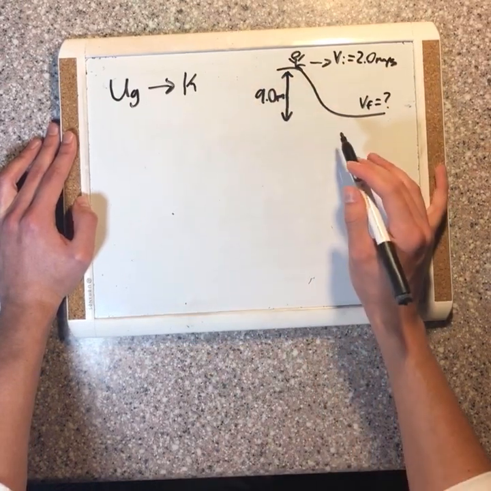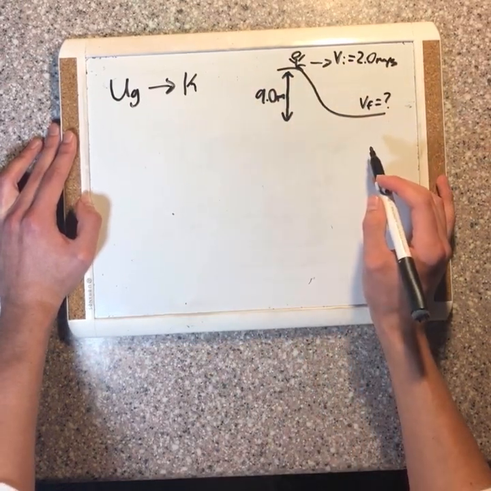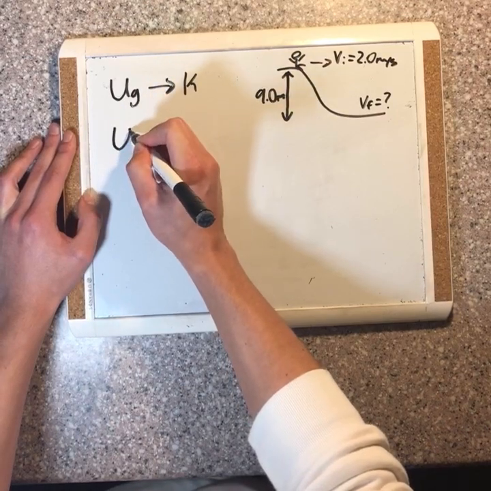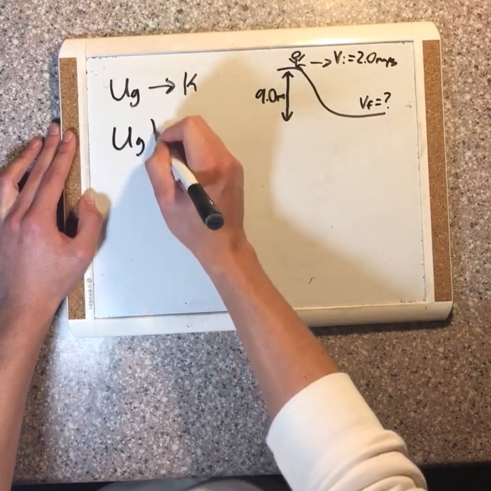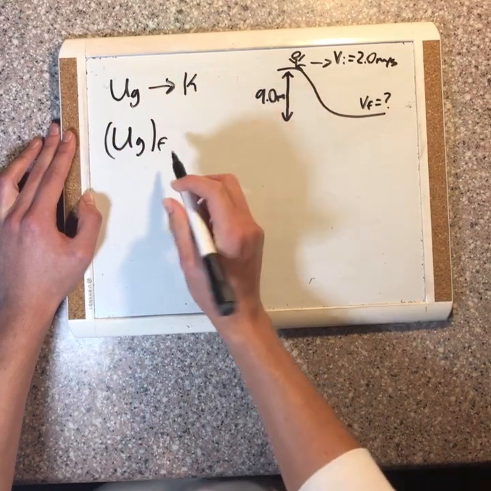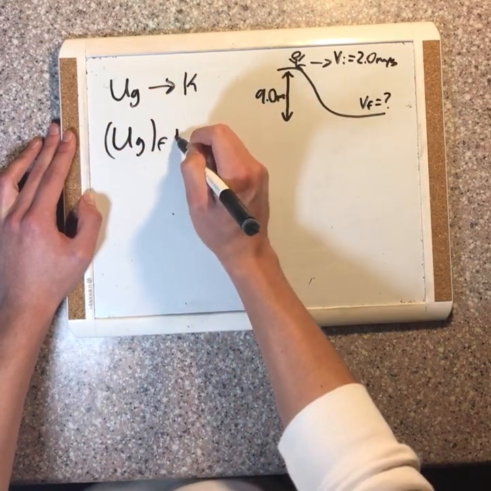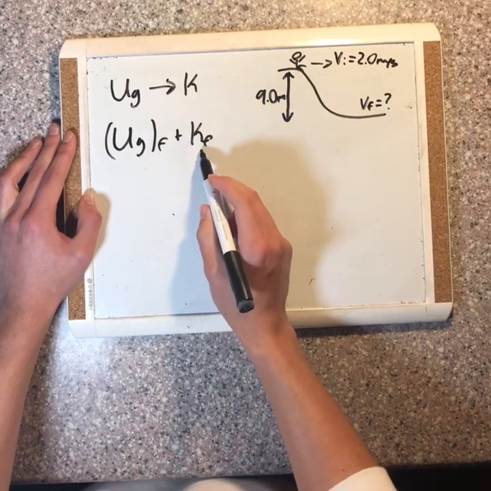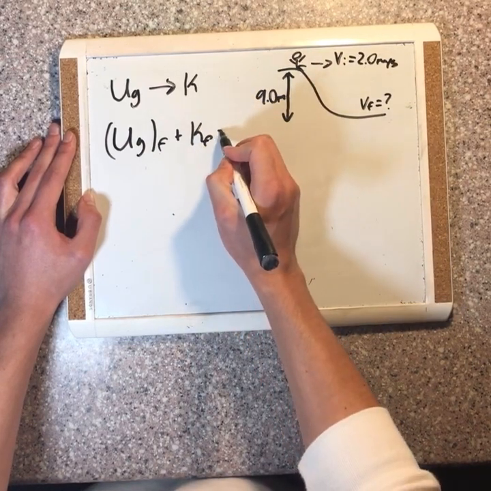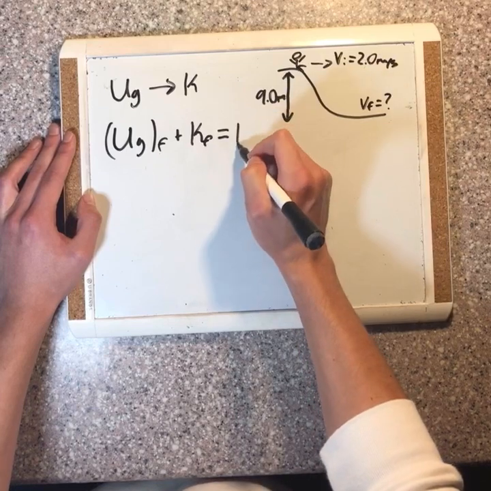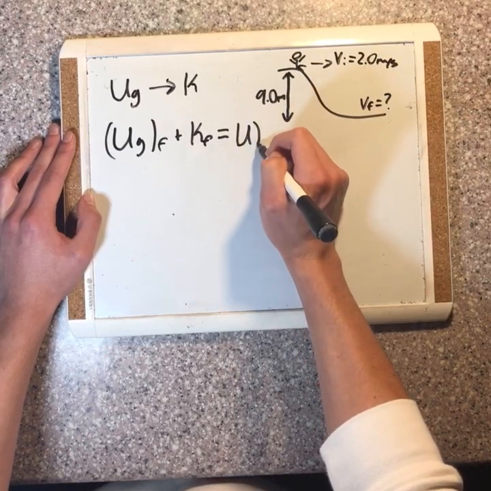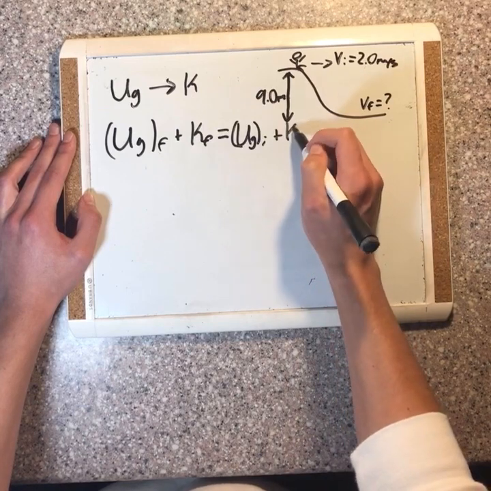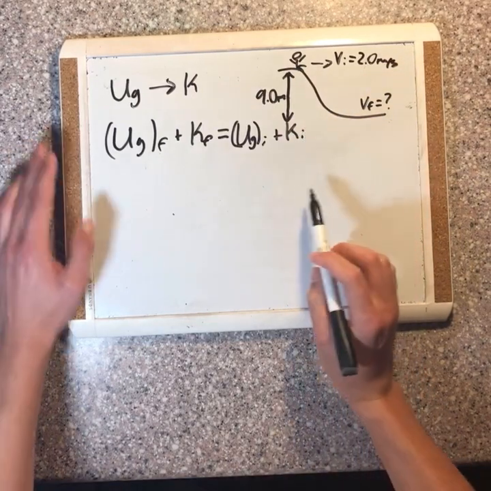So here's how we can do that. Let's go ahead and write our equation for conservation of energy in a system. We have U sub g final, the final amount of potential energy, plus K final, the final amount of kinetic energy, is going to be equal to the initial amount of potential energy plus the initial amount of kinetic energy.